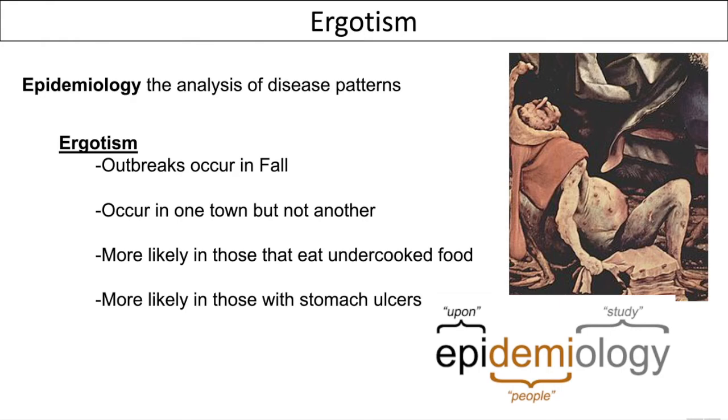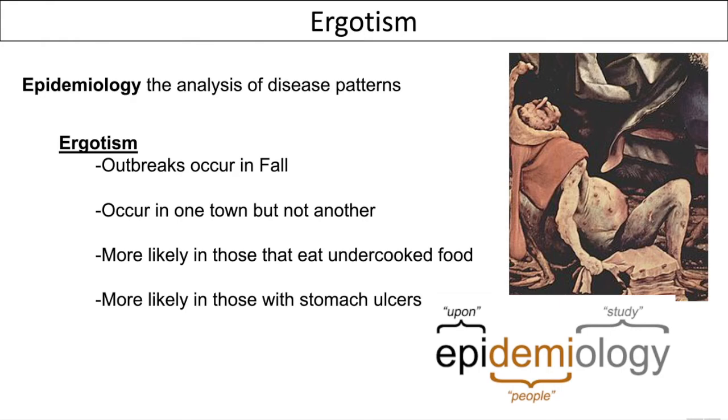It happens more often in people that eat undercooked food, and it happens more often in those that already have a stomach ulcer. So if you start looking at patterns like that, it can get you closer to figuring out what is causing the disease. If you look at those last two examples related to food and stomachs, it tells you that ergotism is probably being caused by something that people are eating or drinking.